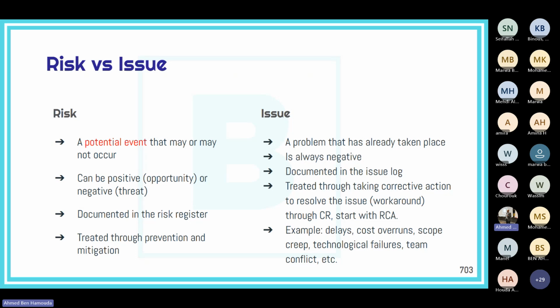And often we need to raise a change request, because those actions will cost us resources, time, cost, etc. Okay, examples of issues are scope creep, some technological failures, a conflict in a team, a conflict with a vendor or a stakeholder, or for example project deliverables not being accepted, some compliance issues, etc.